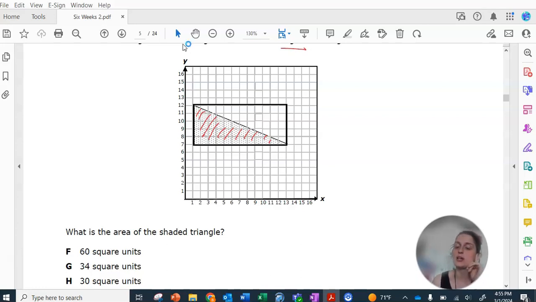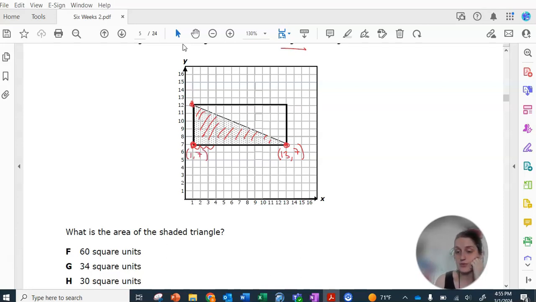And then you need to either count 1, 2, 3, or write your ordered pairs for these 3 vertices of your triangle. So for example, this one is 13, 7. This one is 1, 7.